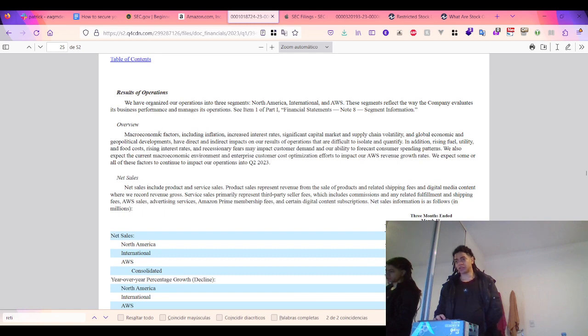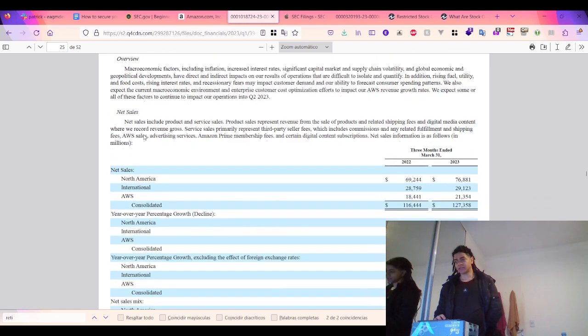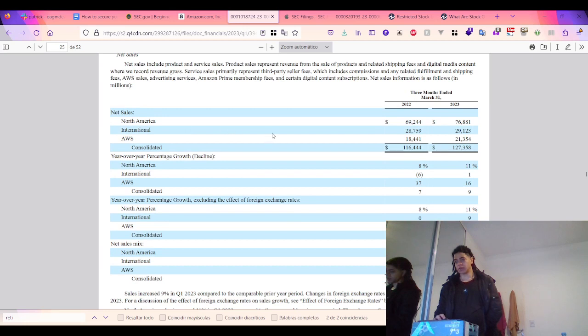Results of operations, overview and net sales: North America, international, AWS. Year-over-year percentage growth or decline. In North America, there was growth, but they declined in international, as well as AWS.